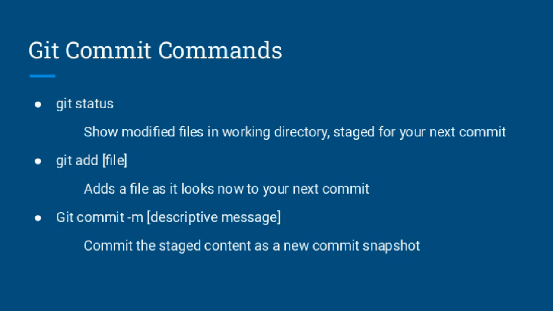The Git commit commands are git status, which shows modified files in the working directory staged for the next commit. Git add, passing a file name, adds a file as it looks now to your next commit. Git commit -m with a description message will commit the staged content to a new commit snapshot.